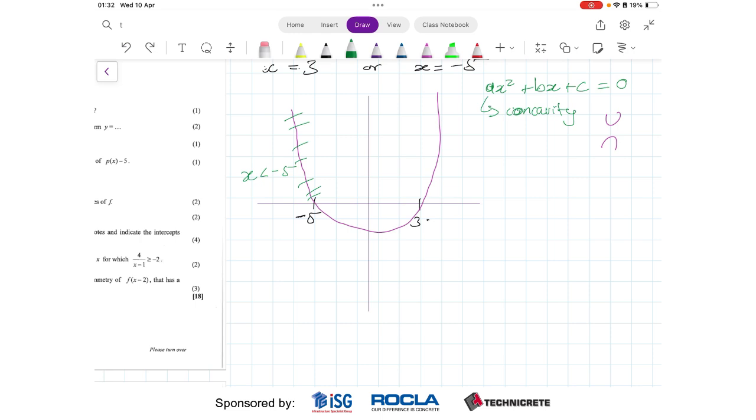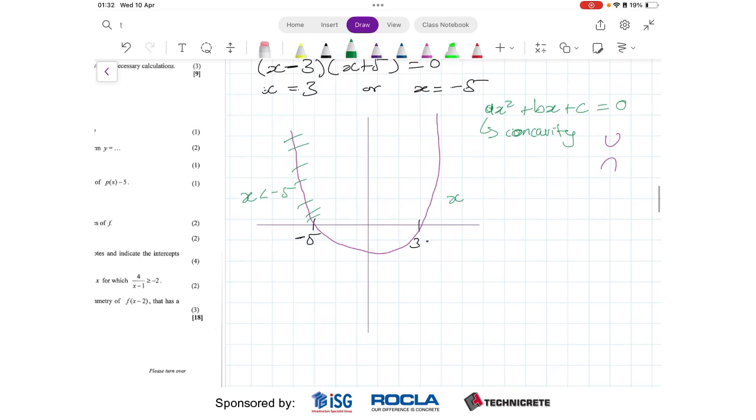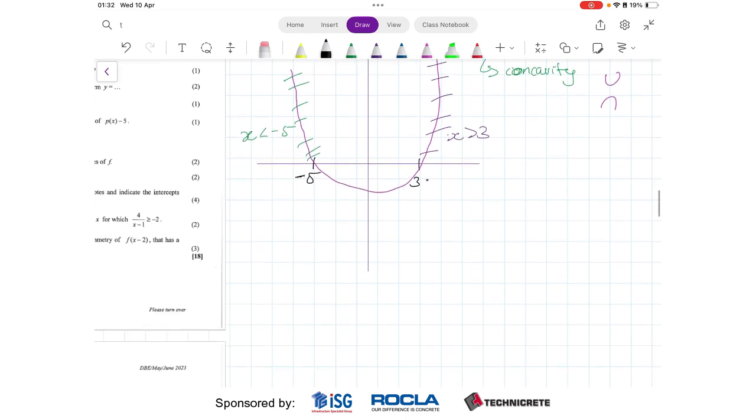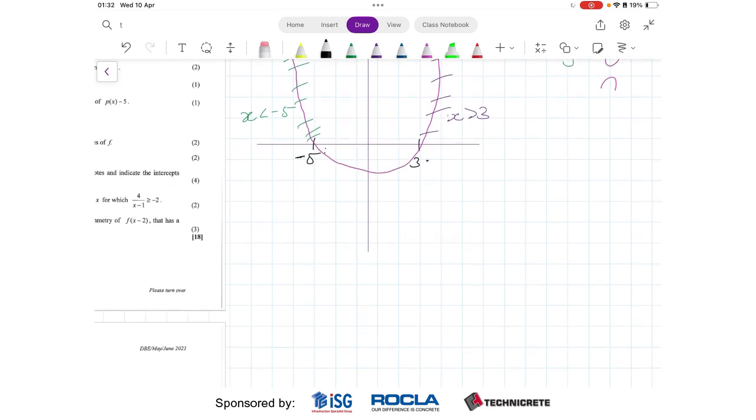And you can also immediately see that when x is greater than 3, our function is still above the 0 line. However, when you look at that space between minus 5 and 3, where x is essentially sandwiched between them, I like to call it a sandwich.